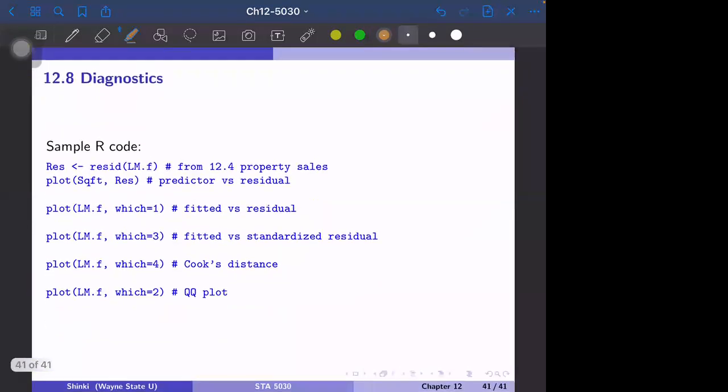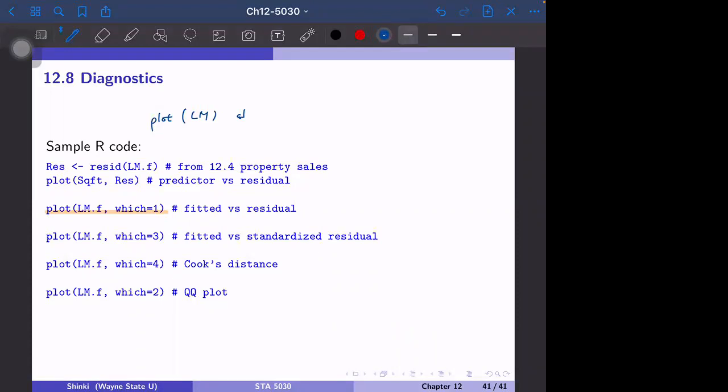And those figures are made by just the plot of the linear model object. If you type plot(lm object), then the figures that I have shown appear one by one. Once you enter the plot command, the first plot appears, and when you press the return key, you get another plot, and so on.